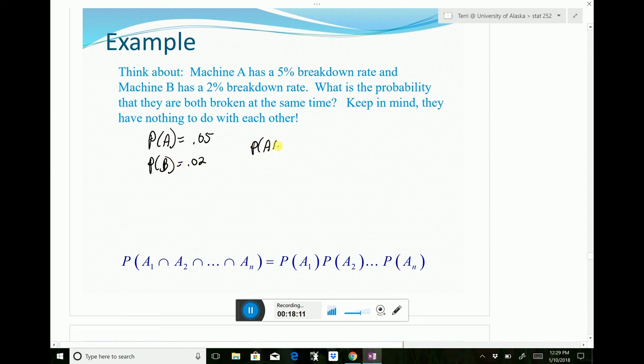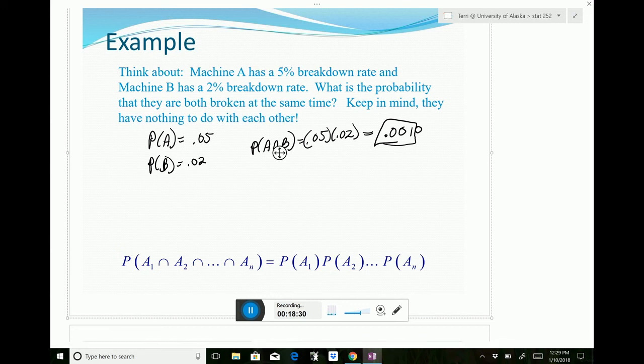So the probability that they're both broken is just 0.05 times 0.02, which is 0.0010, or 0.001. We could also say this as a percentage: 0.1% of the time both machines are broken. So that's not very likely for both machines to be down.